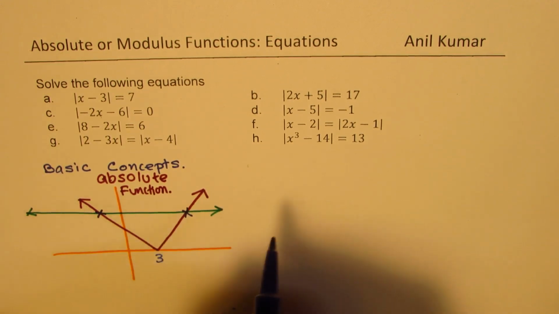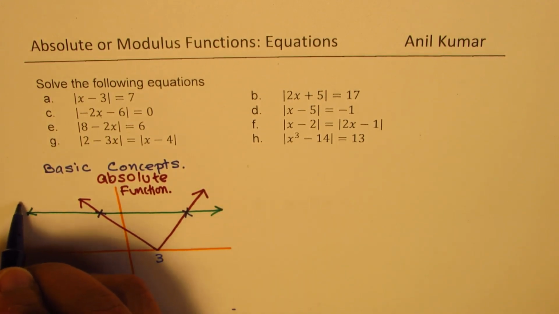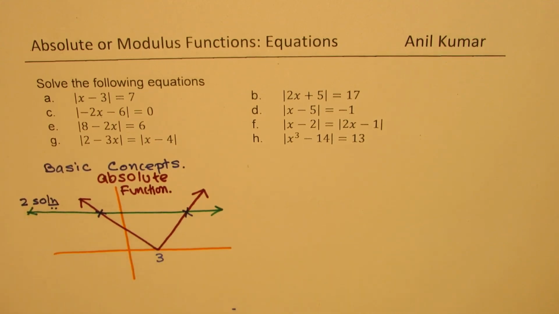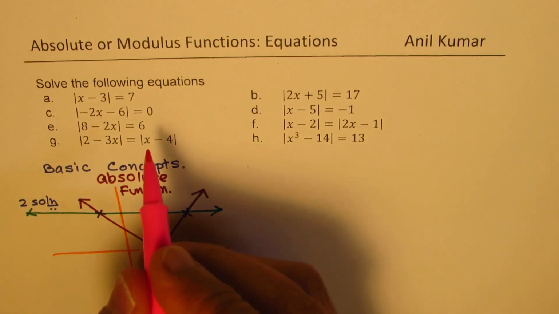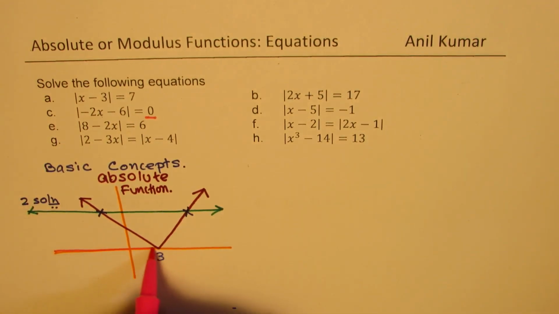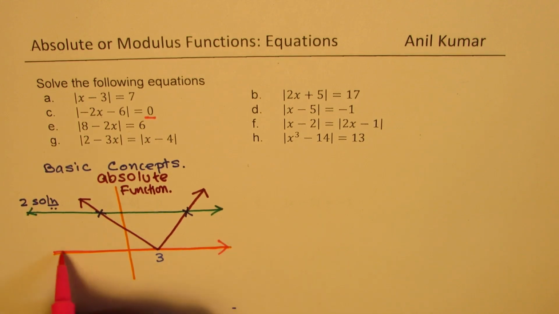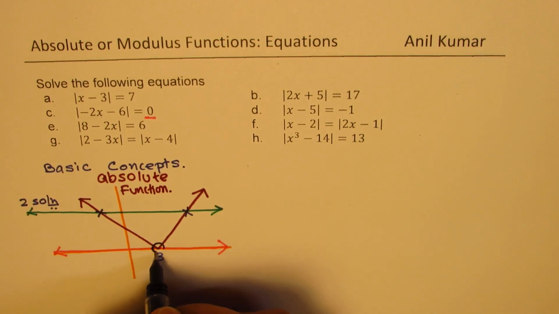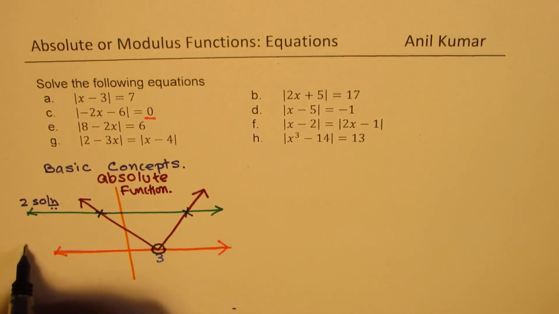So in this case, we have 2 solutions. Correct? Now we could have something like equal to 0. Equal to 0 means a horizontal line aligned with the x-axis. Now in that case, we have just one solution. Do you see that part? We have only one solution.